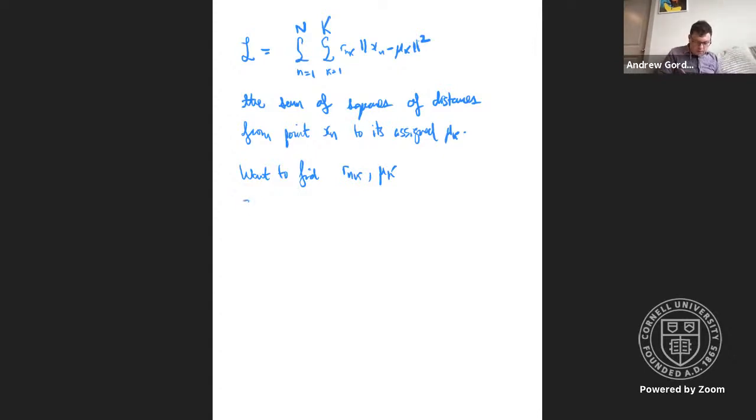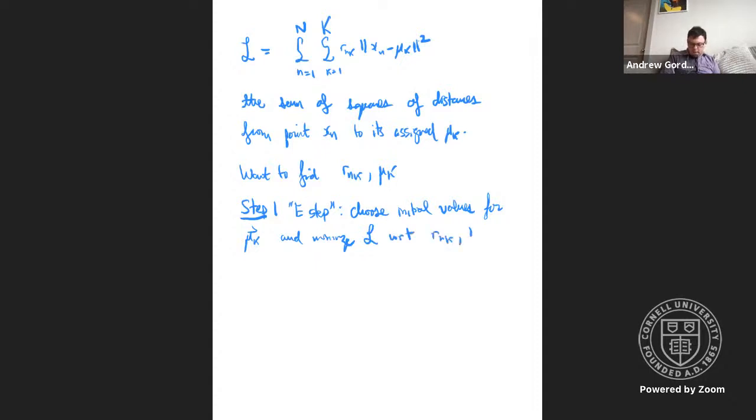So k-means clustering follows two steps. Step one, which we can call the E step, and we'll explain in a minute why it's called the E step, is we choose initial values for mu k and minimize our loss with respect to Rnk, keeping mu k fixed.